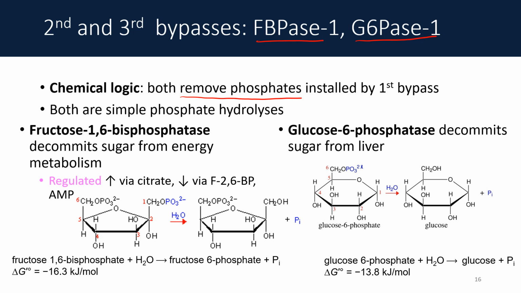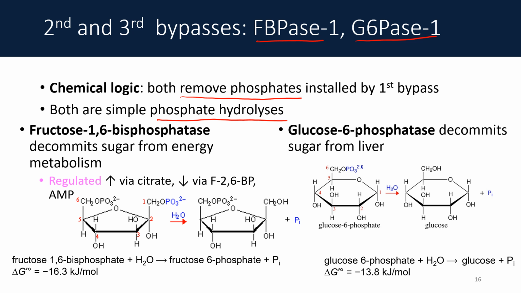Now, in terms of their mechanism, we're not going to go through it step by step because it's pretty simple and they have an identical mechanism basically. It's a phosphate hydrolase. They're going to activate a water molecule, which is going to then attack the phosphates one at a time and kick them off through a nucleophilic substitution process.